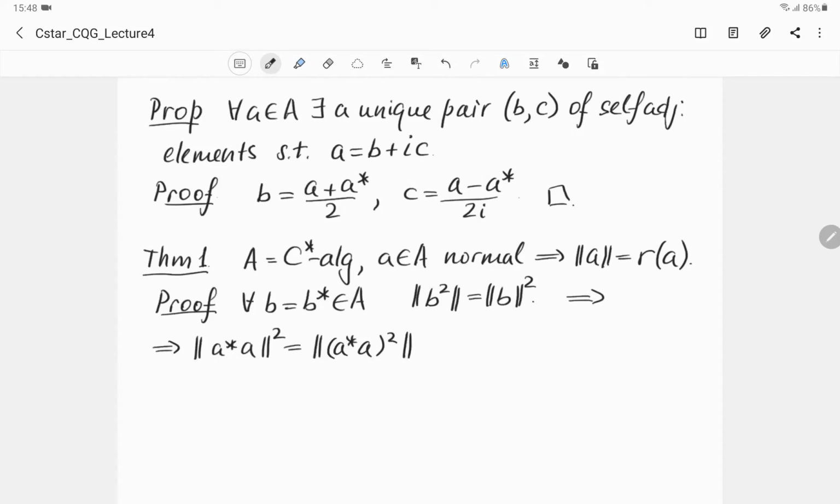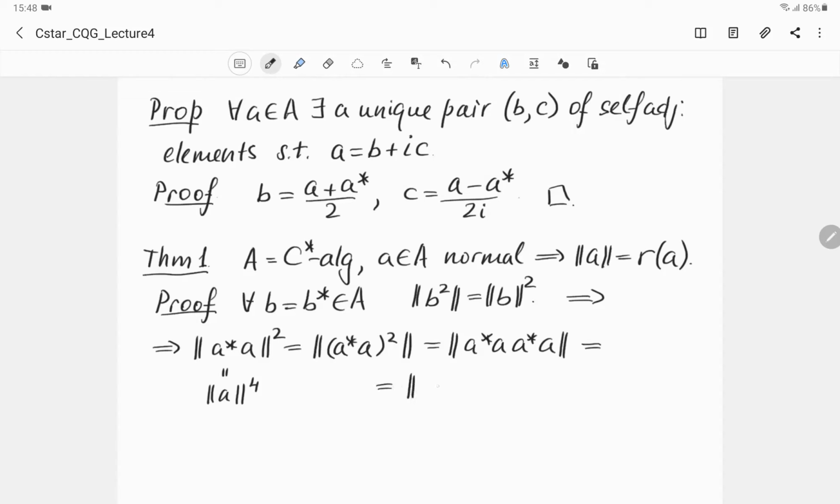Now the left-hand side of this equality by the C-star axiom equals the norm of a to the power 4. And let's also look at the right-hand side. We have here a star a, a star a. But since our element a is normal, we can write this also in the following way.